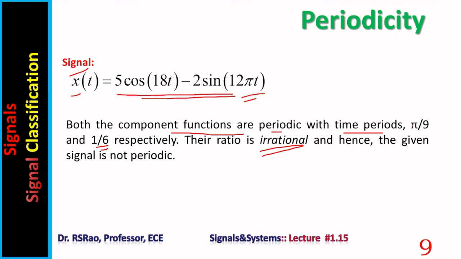It is not a perfect equality, and hence pi is not exactly 22 by 7. Hence pi cannot be expressed as a ratio of two integers. So it is irrational. When we come to the present situation, the signal becomes non-periodic as the ratio of periods of the component functions is irrational.